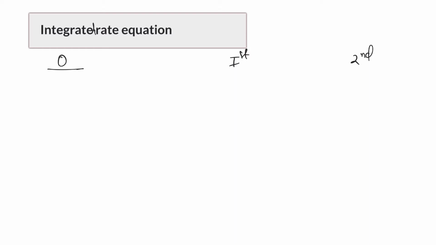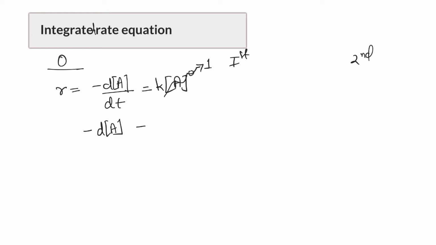Now starting, we very well know rate equals minus d concentration of A upon dt equals K, that's the rate constant, multiplied by A to the power 0, zero order, right? So this eventually goes out to be 1. So that means minus dA upon a equals K dt.